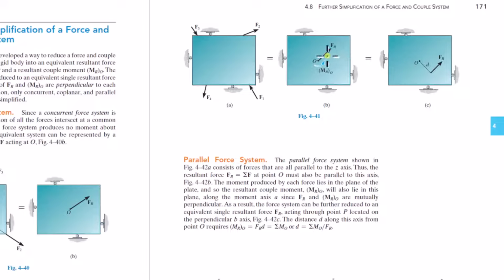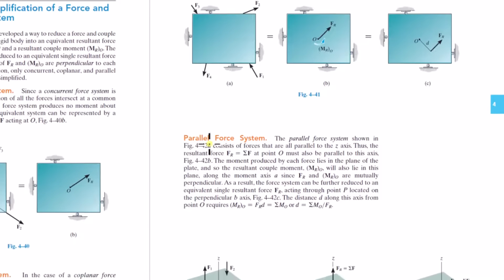Well, you simplify that, just like we saw a couple of pages ago. You simplify that to a net resultant force and a couple moment at the point, same exact way. You just add that couple or couples to this resultant. Same thing. You're just going to move FR off whatever distance D you need to account for that couple.